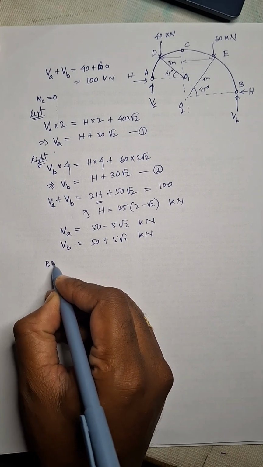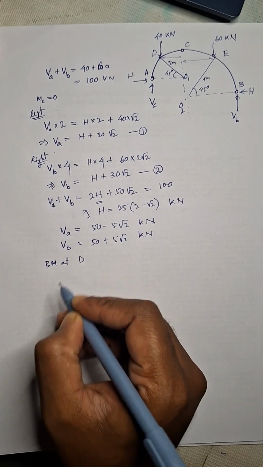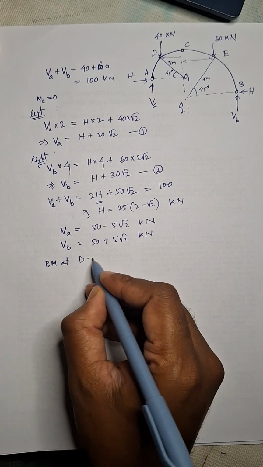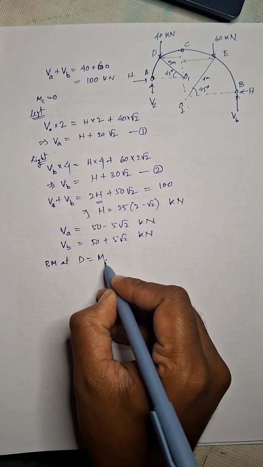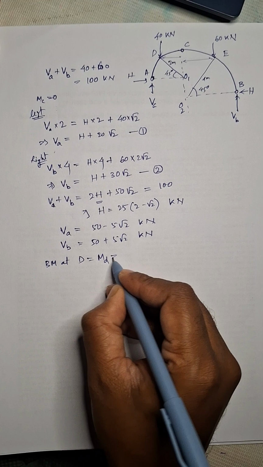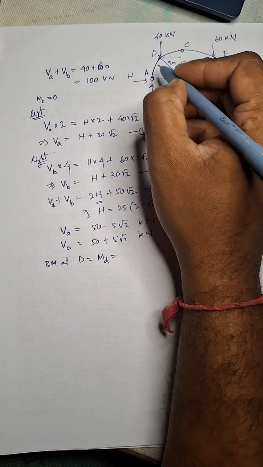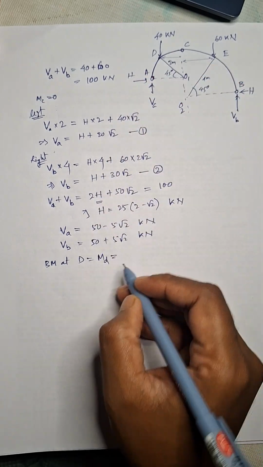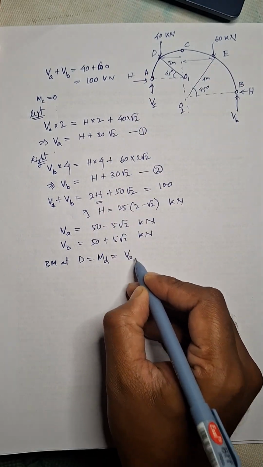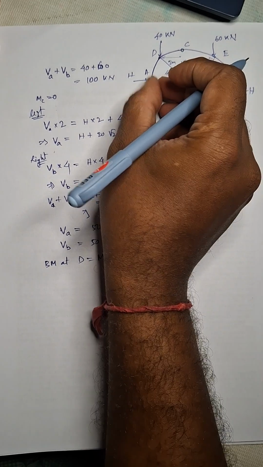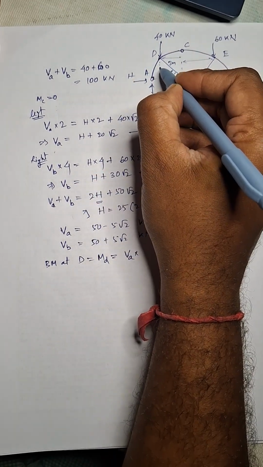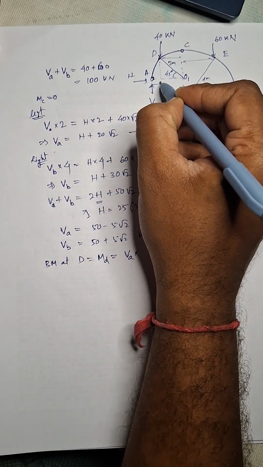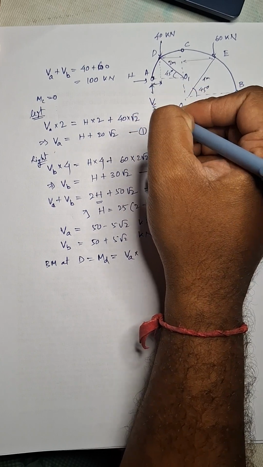Now we need to find out bending moment at point D and E. So bending moment at D, MD, will be equal to, if I consider the left side, VA into the distance. Let it be VA only. VA into this small distance will be the moment due to VA.